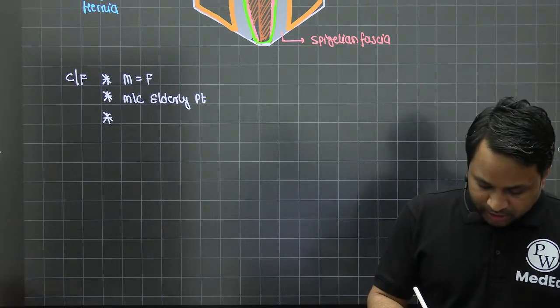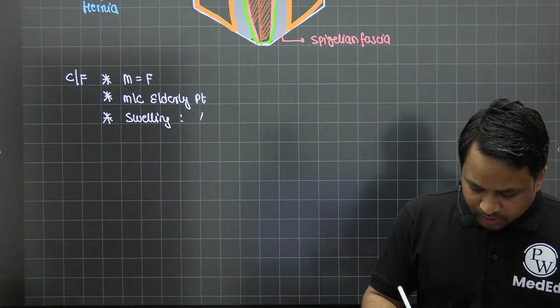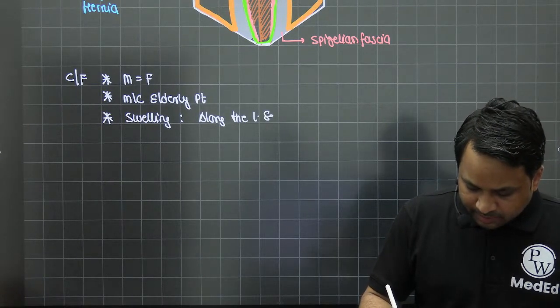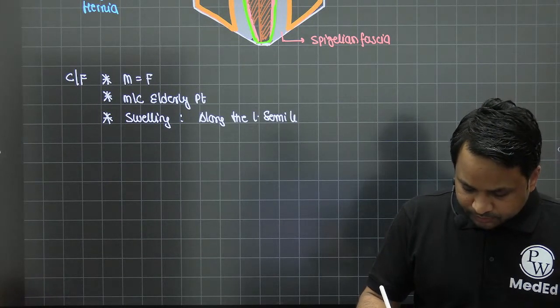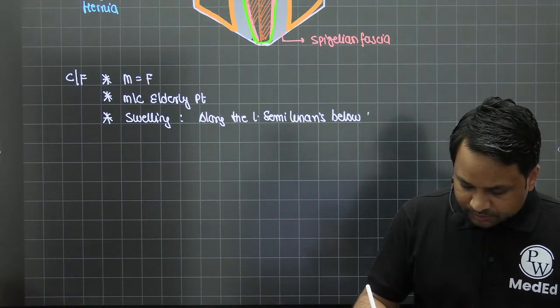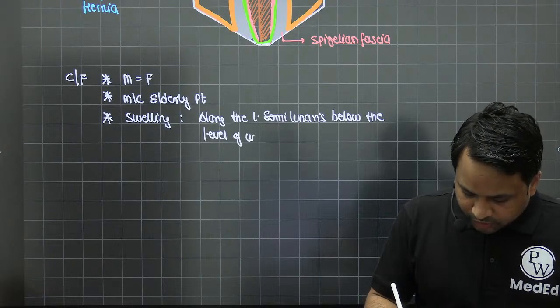If the swelling is present, it will usually be along the linea semilunaris, below the level of umbilicus.